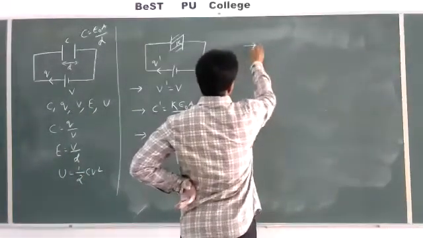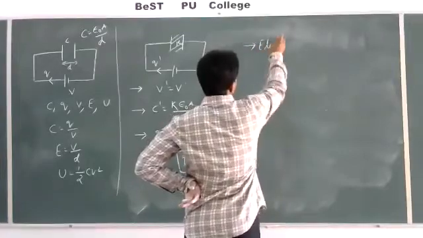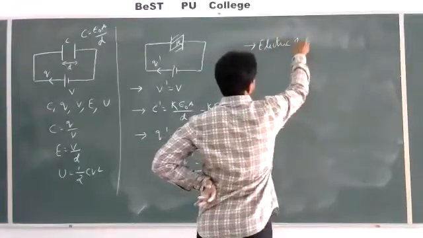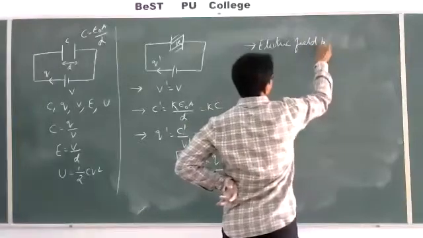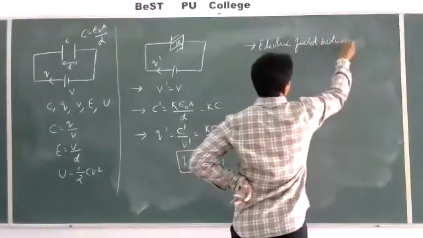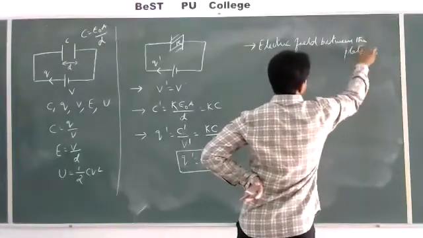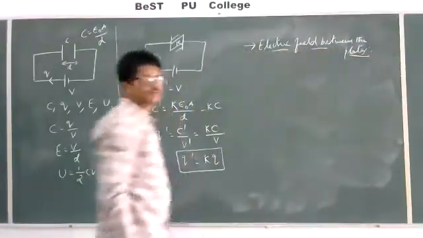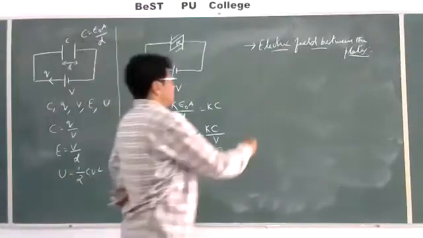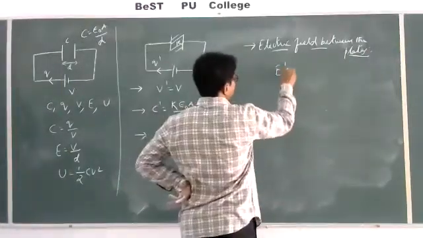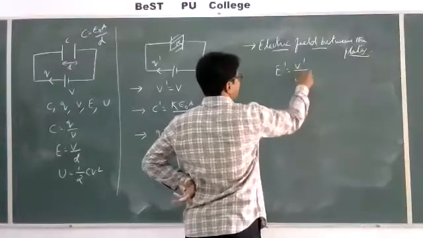Next one. Electric field between the plates. E dash is equal to V dash by D dash.